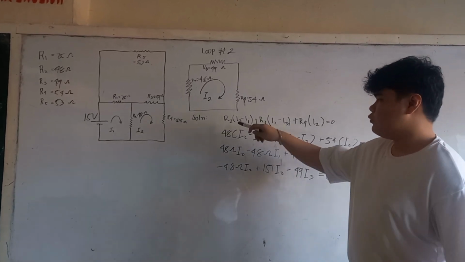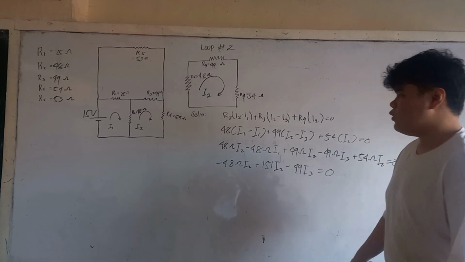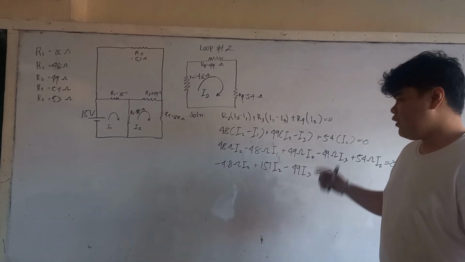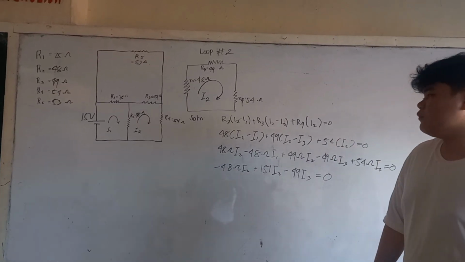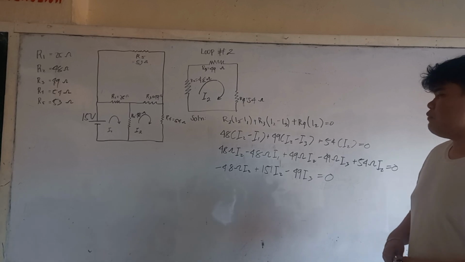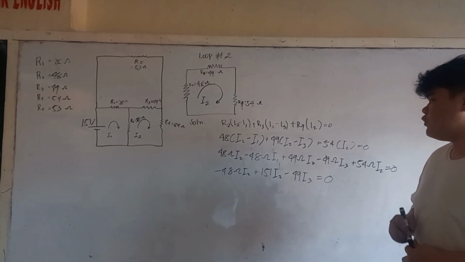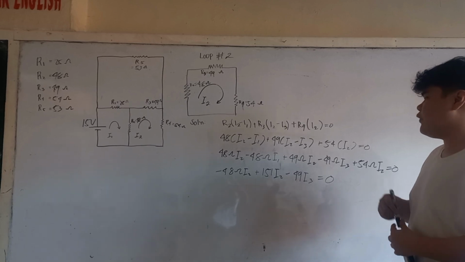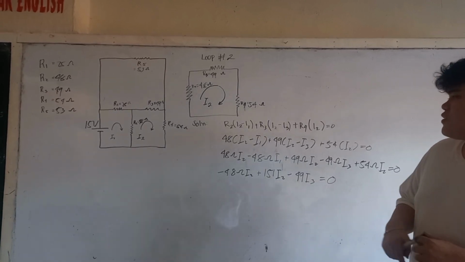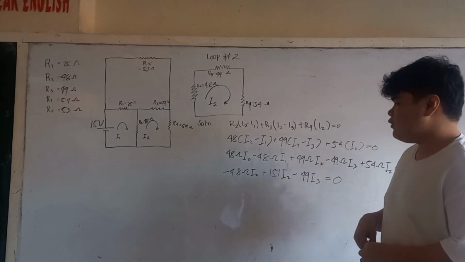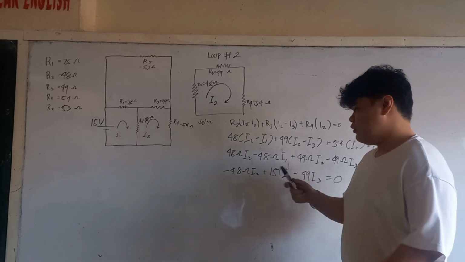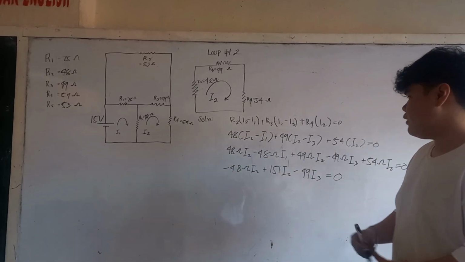First, R2 times (I2 minus I1) plus R3 times (I2 minus I3) plus R4 times I2. So we just distribute the value and factor.